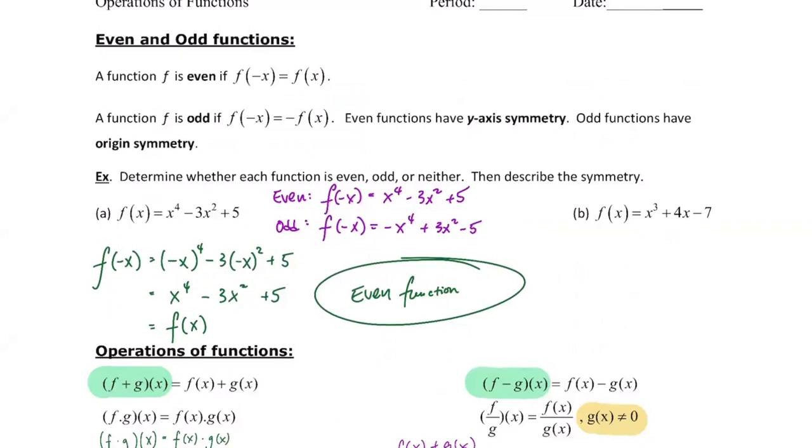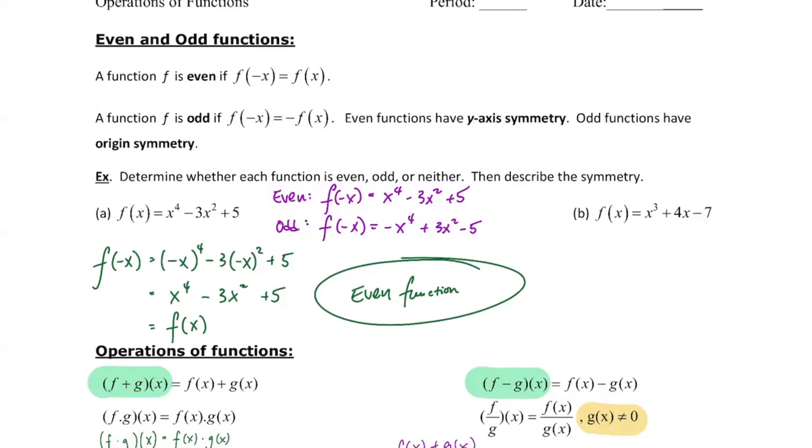And the more you do, you may actually get a little bit of hints. You may develop some kind of shortcut to tell whether it's an even function or odd function. The hint is that maybe you do the steps mentally and you may be able to see it. If you have any question, make sure you ask in class.